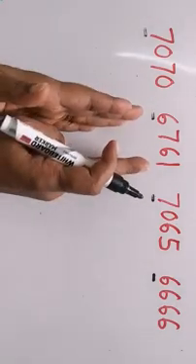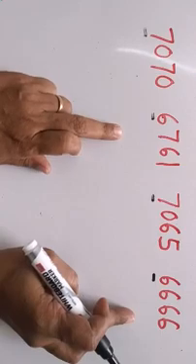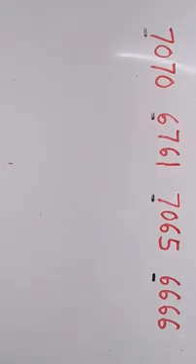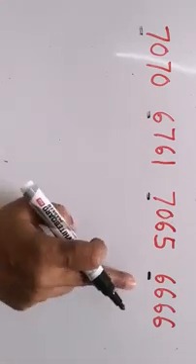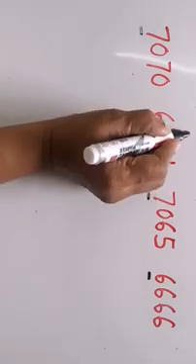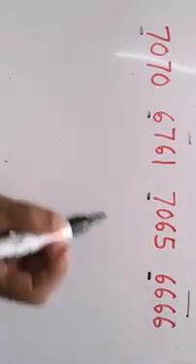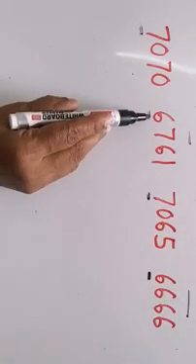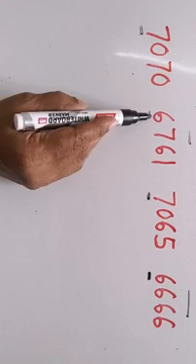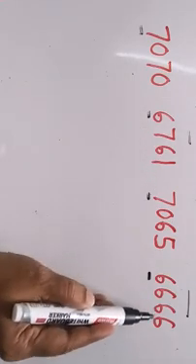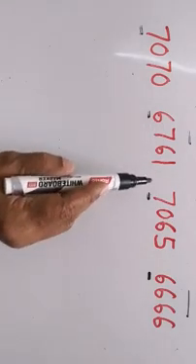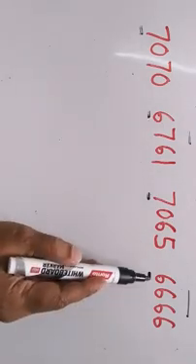We focus on this number and this number, right? Why are we focusing on these two, children? Because 6 is lesser than 7. So we are comparing 6761 and 6666.